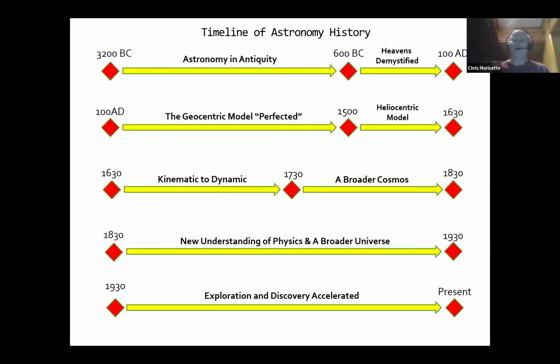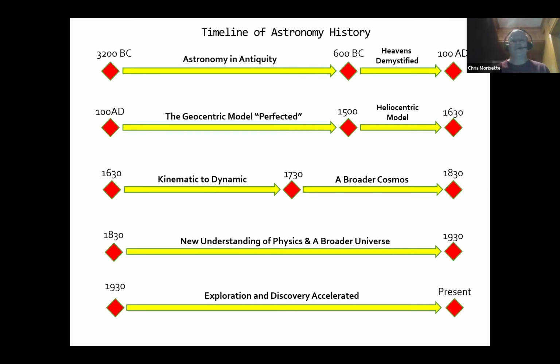We'll then pivot to ancient Greece and talk about the heavens being demystified. When we get past the birth of Christ, we will begin to talk about the geocentric model perfected, and then talk about the heliocentric model that took its place during the Renaissance.